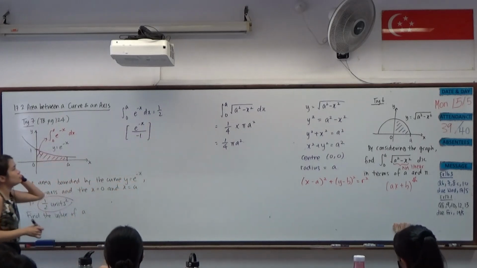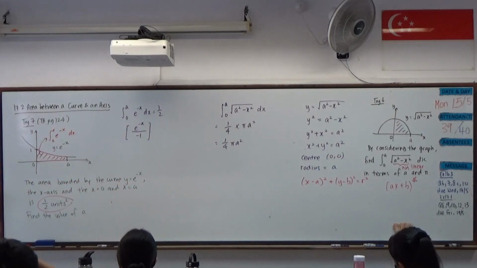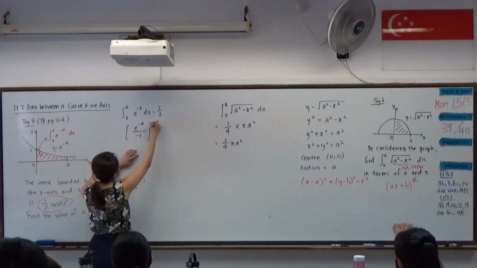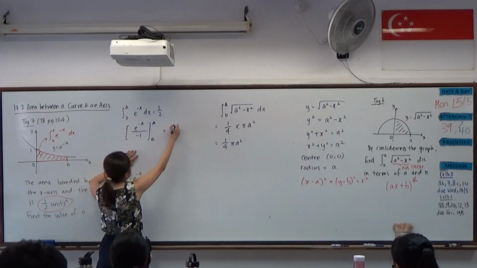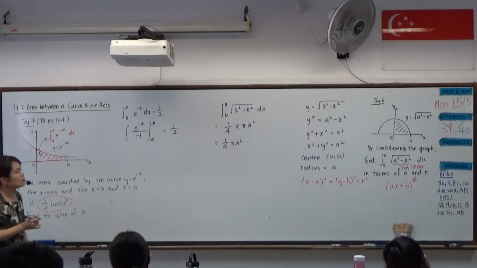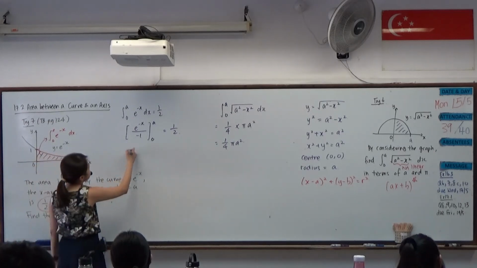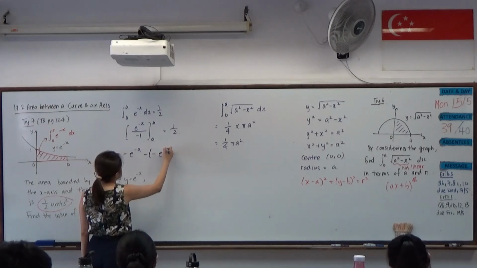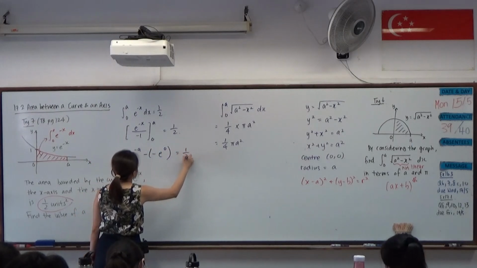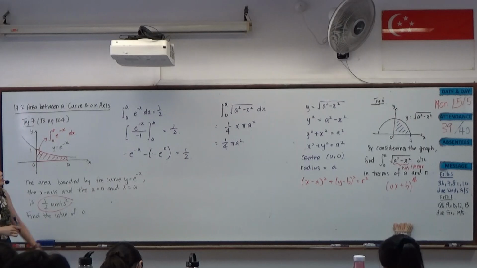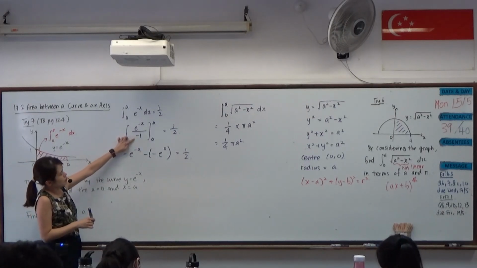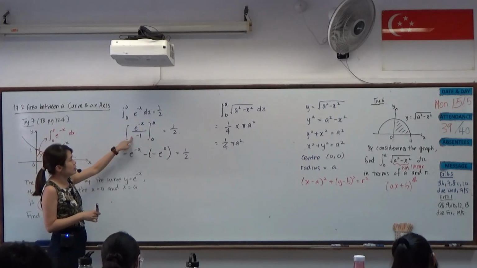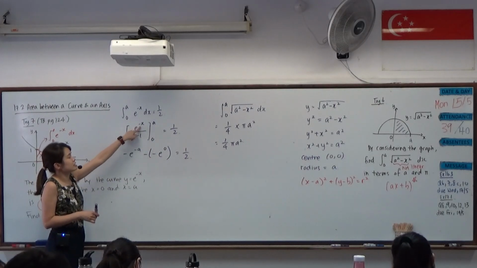So integrating e to the power negative x keeps it the same, but not forgetting to divide by the coefficient of x, with the boundary 0 to a equals to half. And then we substitute in the values. Okay, so the negative is due to this one, then x equals to a, followed by minus away, not forgetting the negative, x equals to 0.